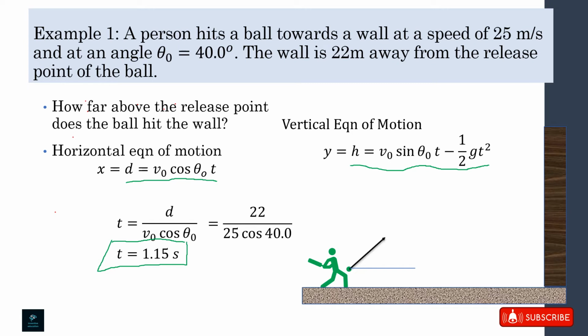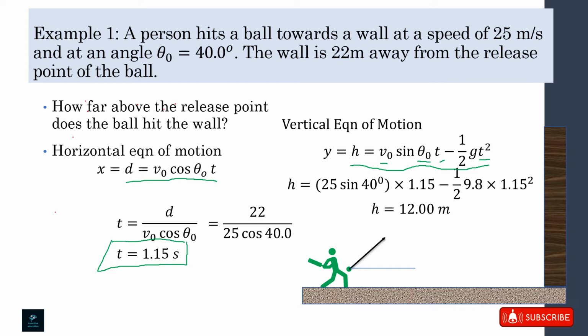Putting the values of v0, theta 0 and the time we have just obtained, we get h as 25 sine 40 into 1.15 minus half into 9.8 into 1.15 square. If we calculate it, we find that h is equal to 12 meters. Therefore, the ball hits the wall at a height of 12 meters from its release point.